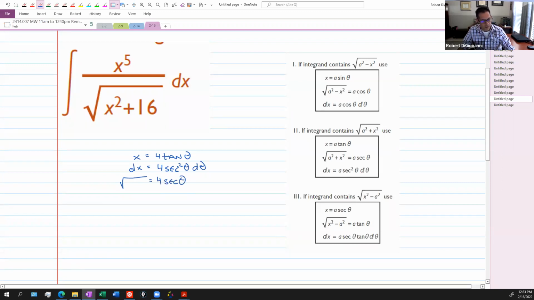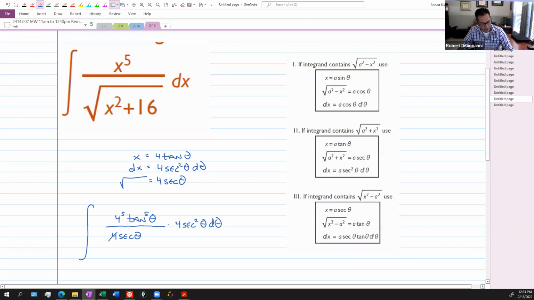When you rewrite the numerator, you have x to the 5th, so I'd write it as 4 to the 5th tangent to the 5th theta. I just raise each one to the 5th. On the bottom I've got the square root part, which is 4 secant theta, and then dx is 4 secant squared theta d theta.